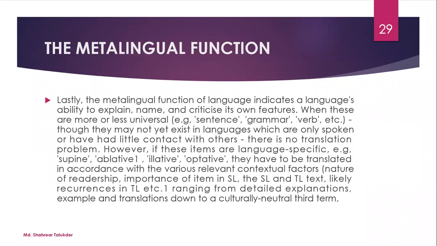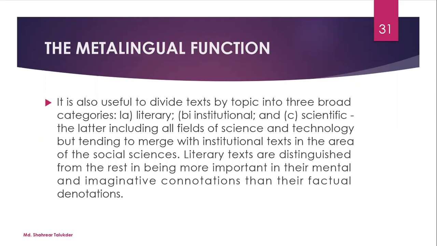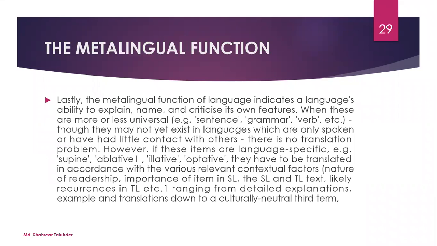Fantastic. In that case, I would like to finish our discussion with this metalingual function. Here you see, lastly, the metalingual function of language indicates a language's ability to explain, name, or criticize its own features. When these are more or less universal, that is, sentence, comma, verb, etc., though they may not yet exist in languages which are only spoken or have little contact with others, there is no translation problem.